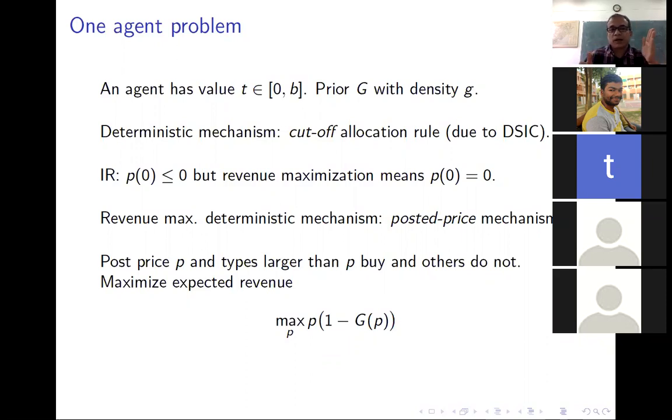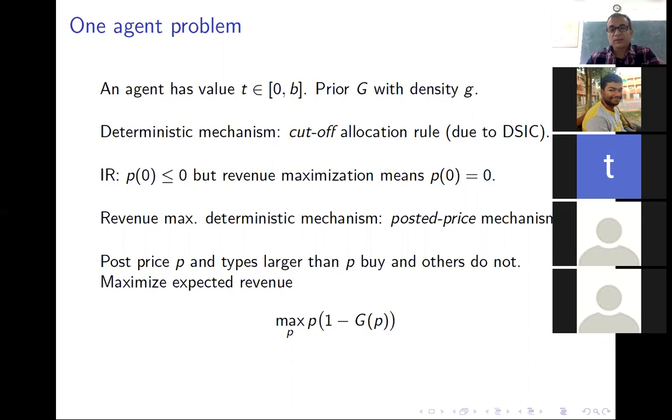The seller commits to a posted price, and when the buyer announces his type, he has to sell the object at that price. The only way sale at every possible type is feasible is if the posted price is equal to 0. But that mechanism earns an expected revenue of 0.